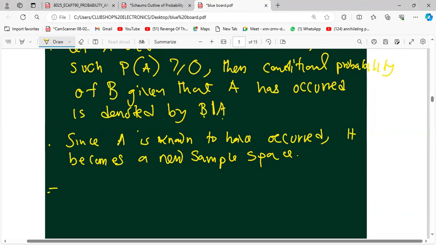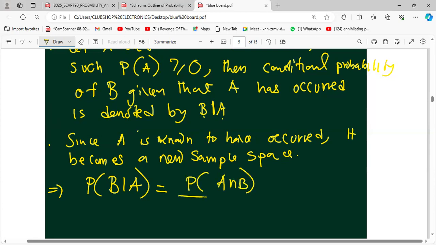Hence, the probability of B given that A has occurred is equal to the probability of A intersection B divided by the probability of A. And according to the book, this is 0.17.